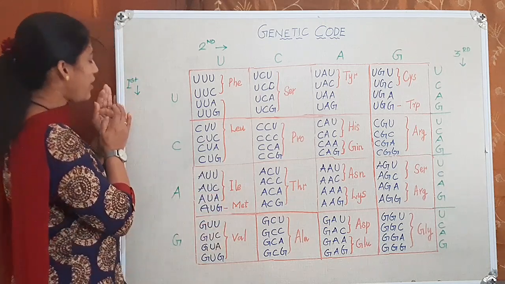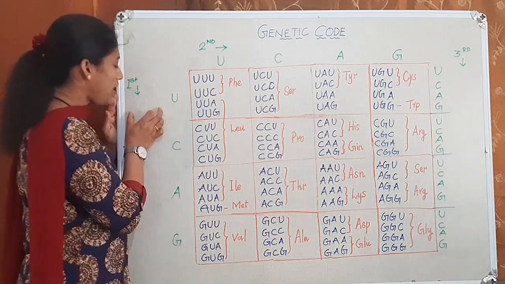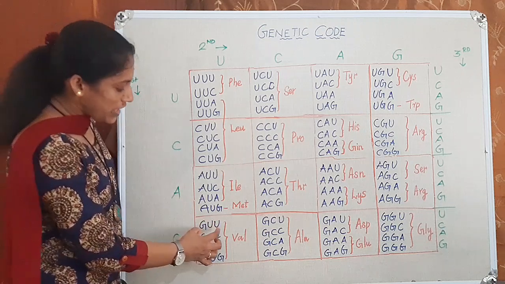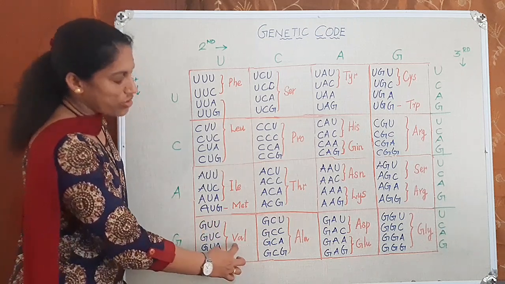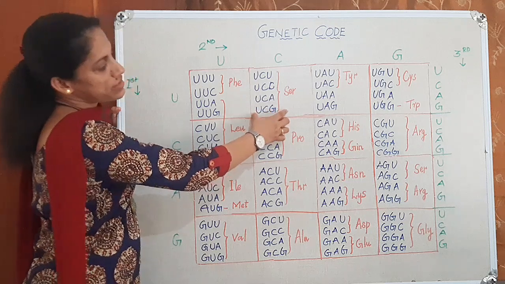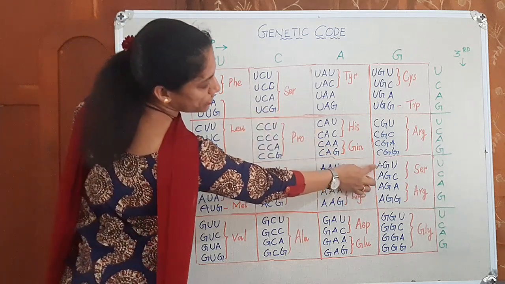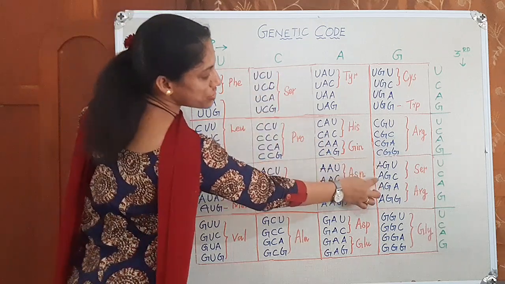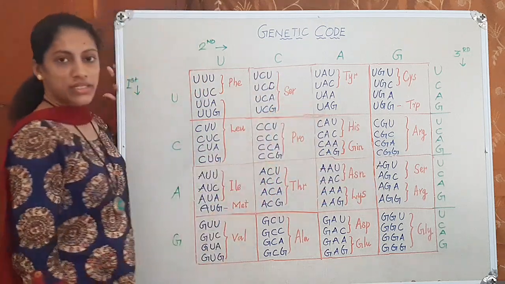I mean, if AUG comes on the mRNA, it is representing the amino acid methionine. Then these 4 triplets are valine. This 4 and this 2, total 6, are for serine.